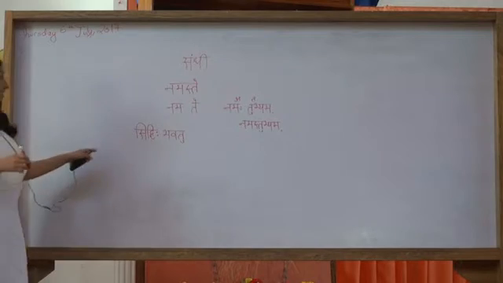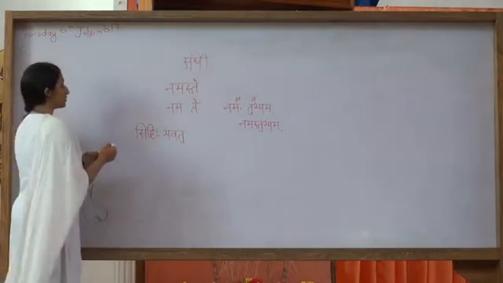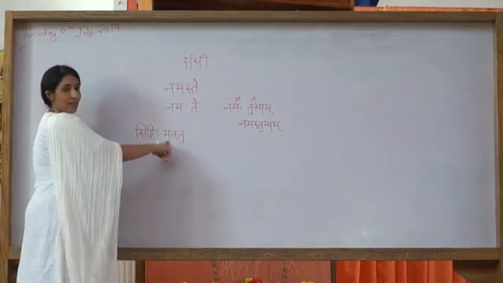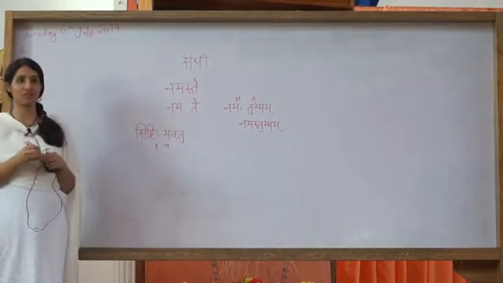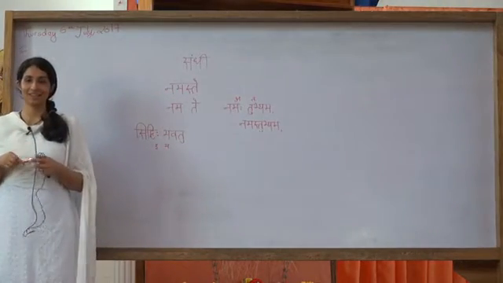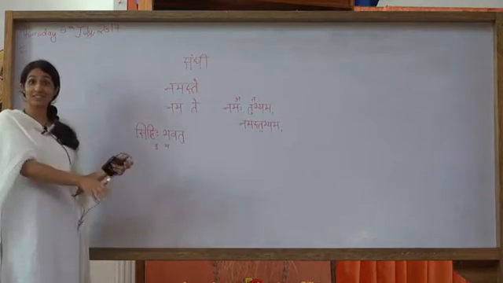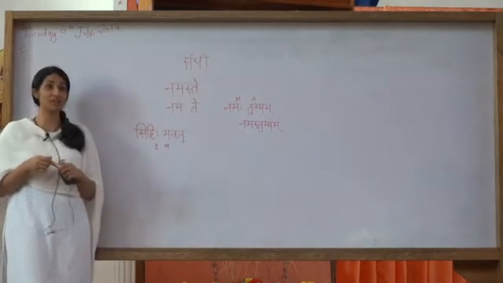So, Siddhihi Bhavatu. So, before the Visarga, we have a short E. And after the Visarga, we have a Bha. Bha is which kind of consonant? We have hard consonants and soft consonants, right? So, Bha is it soft or hard?